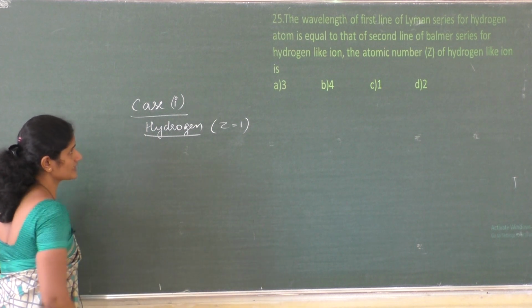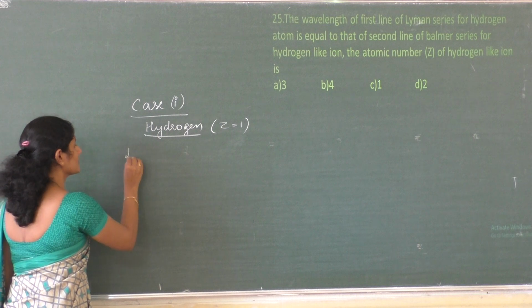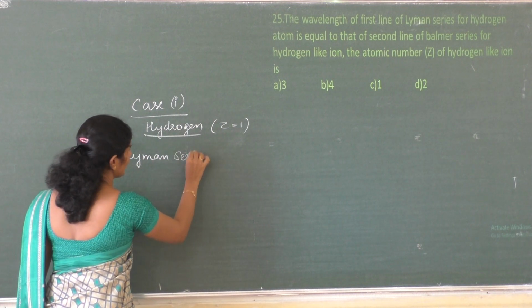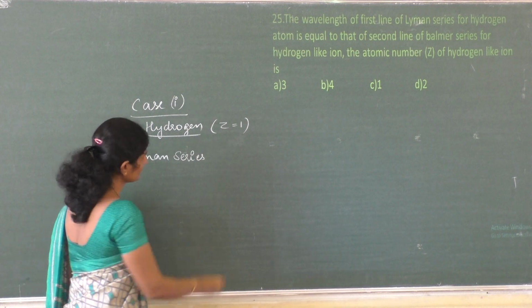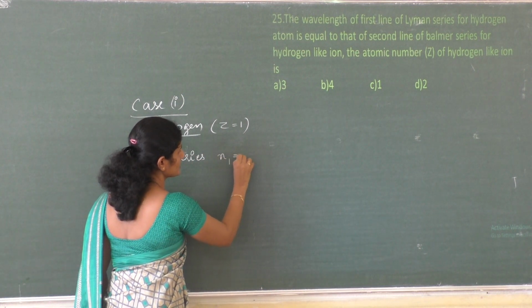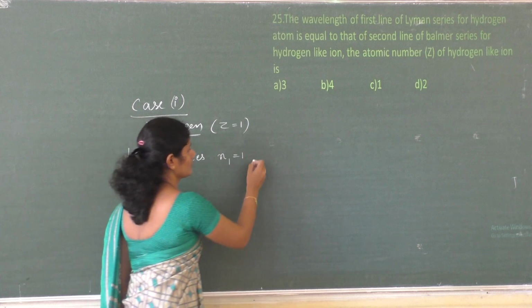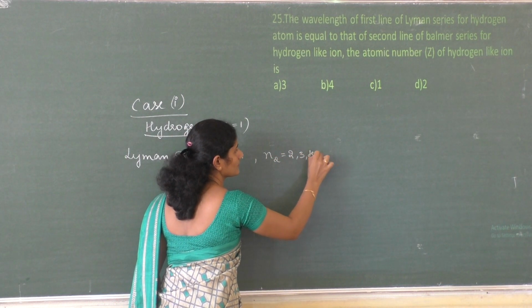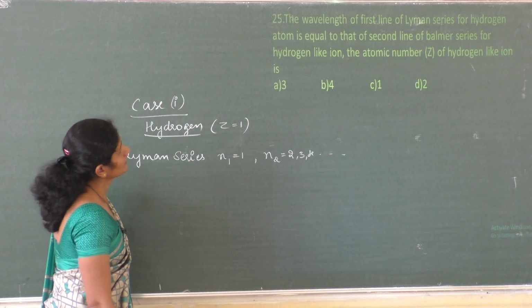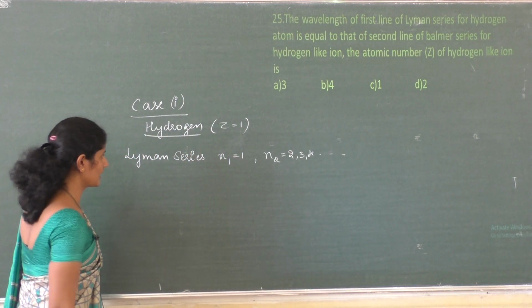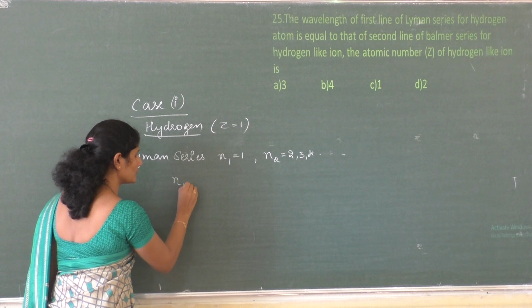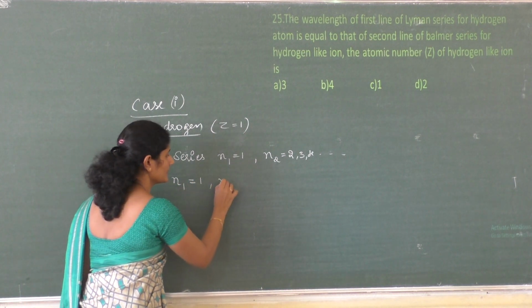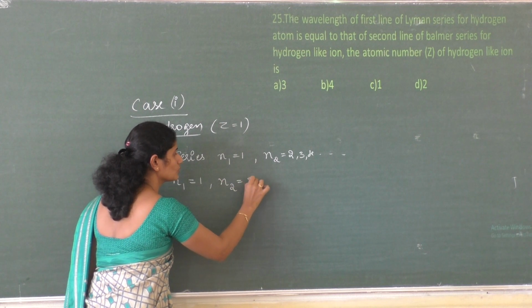For the Lyman series, n1 is always 1 and n2 varies. For the first line of Lyman series, n1 is equal to 1 and n2 is equal to 2.